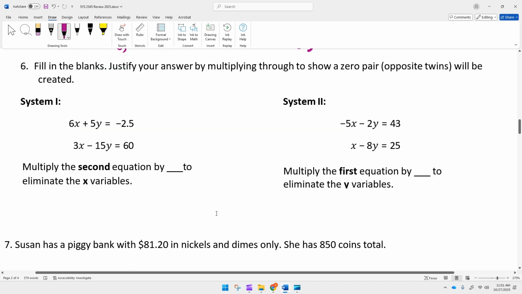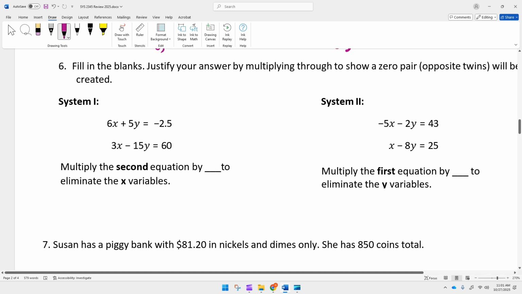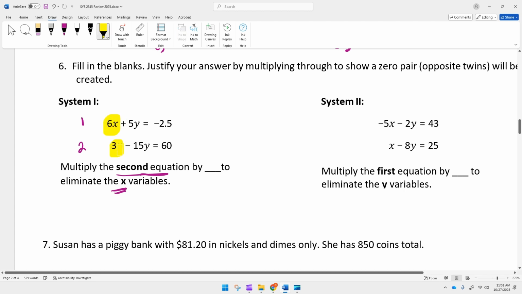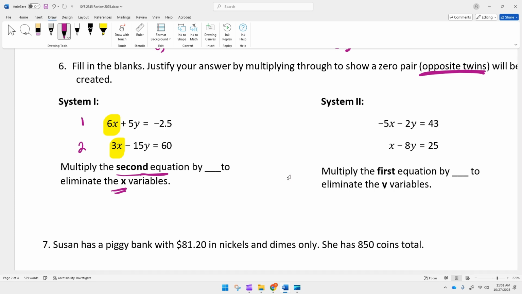All right, number 6. It tells us we want to multiply the second equation. This is our first equation. This is our second equation. By what number so that we eliminate the x variables? Your x variables are 6x and 3x. Remember, you want opposite twins: opposite signs and same numbers.